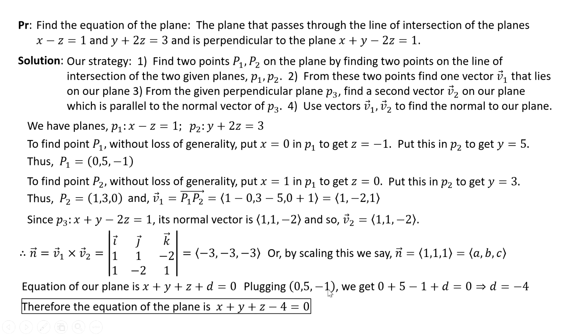If you plug this point in, you get d to be plus 12. Well, couldn't you have divided both sides of the equation by negative 3 to give us this equation? That's the idea. You can either stay with the values negative 3, negative 3, negative 3 and eventually simplify, or you can simplify in the beginning itself.